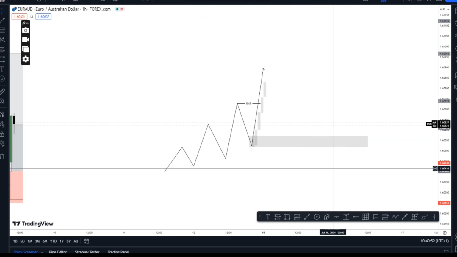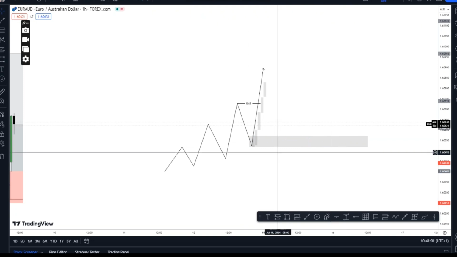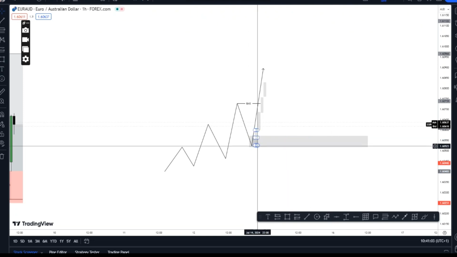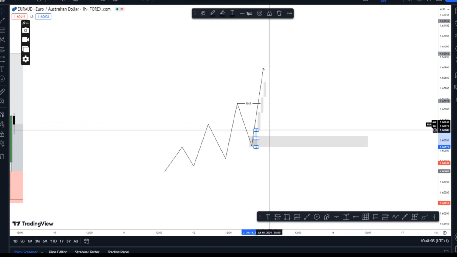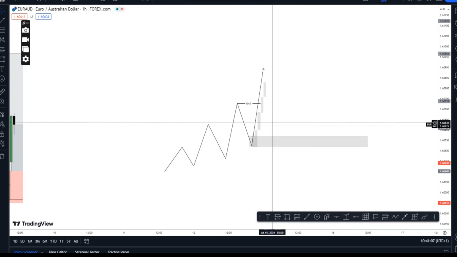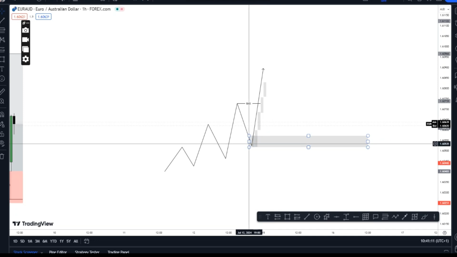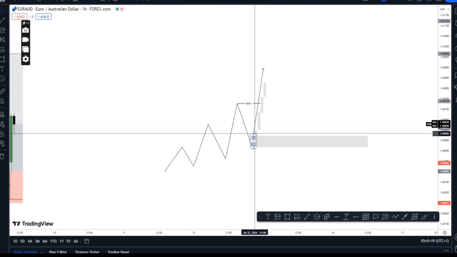But when you go down to the chart, you'll notice there are cases where these order blocks do fail. The psychology behind the formation of an order block is that the institution uses that block to cause a sponsorship.